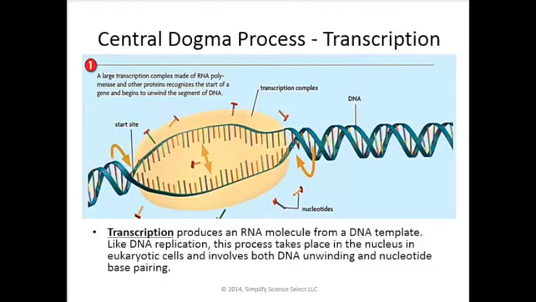Let's talk about how it happens. So first, this RNA polymerase starts this whole thing. There's a little site called the start site. It's not a very creative name, but it is very descriptive. And it unwinds just a chunk of it. You can see on the left and the right that I still have the double helix, but I unwind and open up this section in the middle.